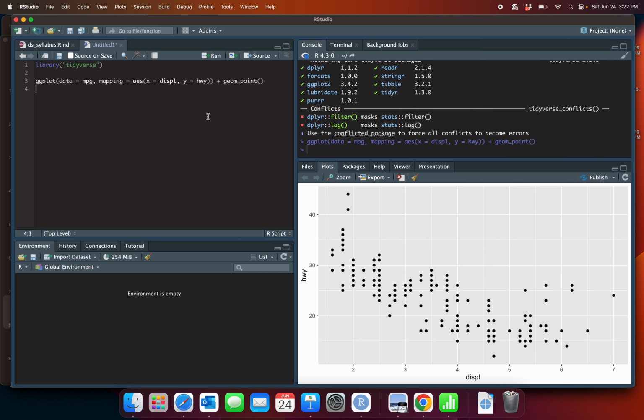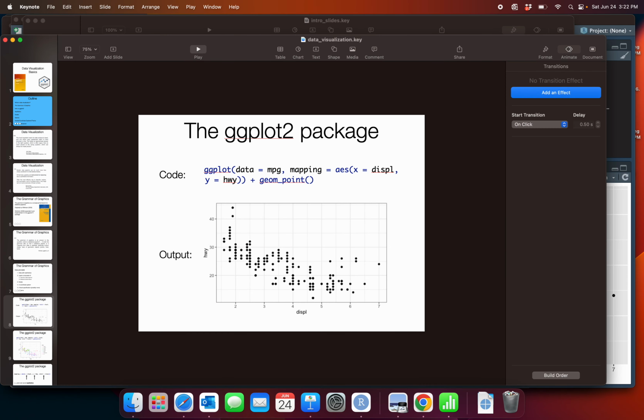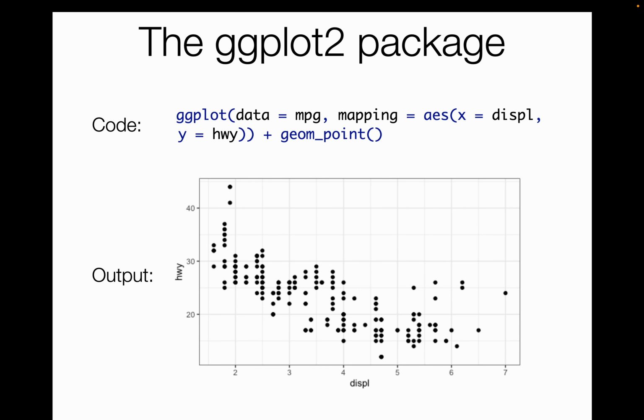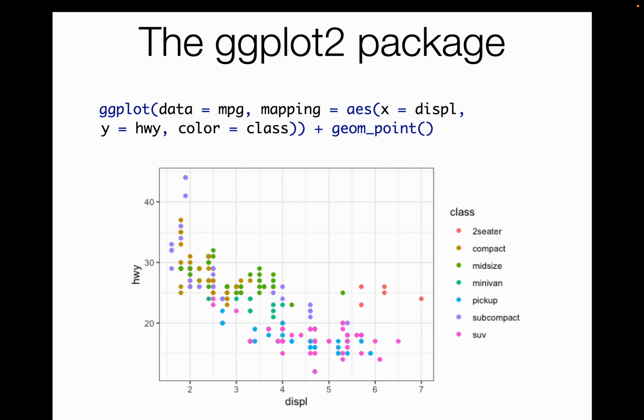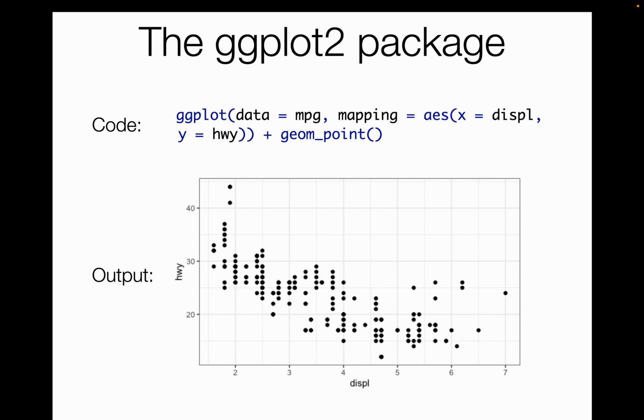Okay, so now let's talk about what this is doing. So I run some code and I make a graph. What's happening? The first function, there are two functions really that I'm calling. The first function is called ggplot.